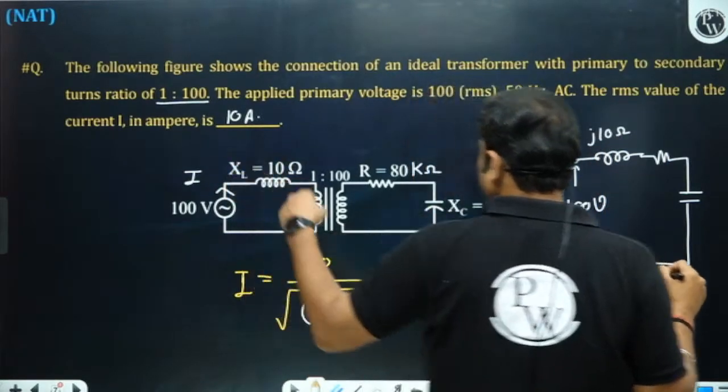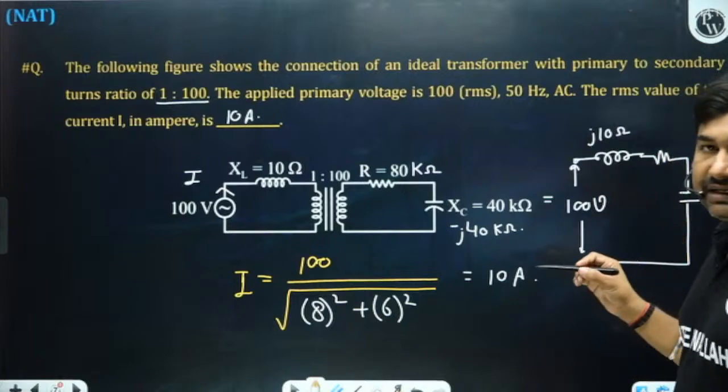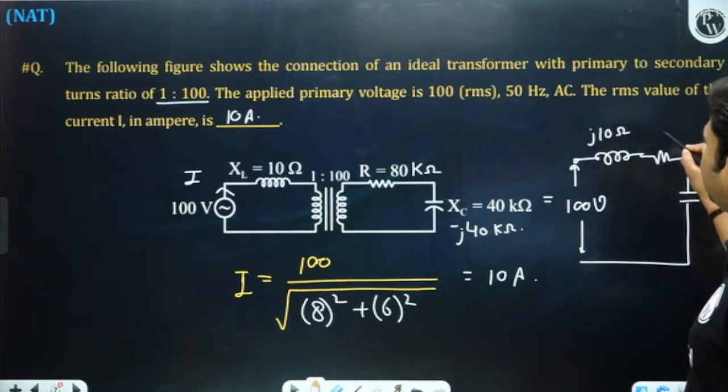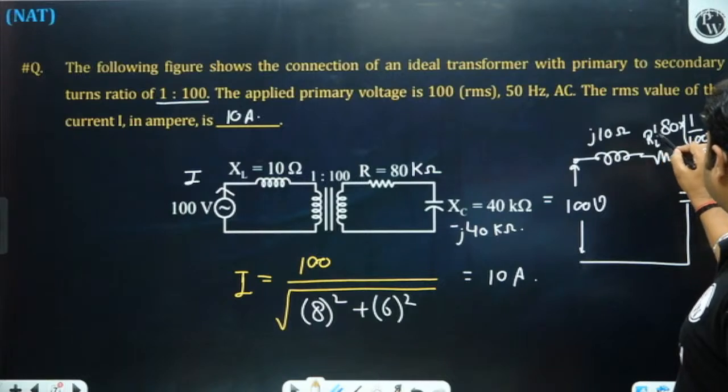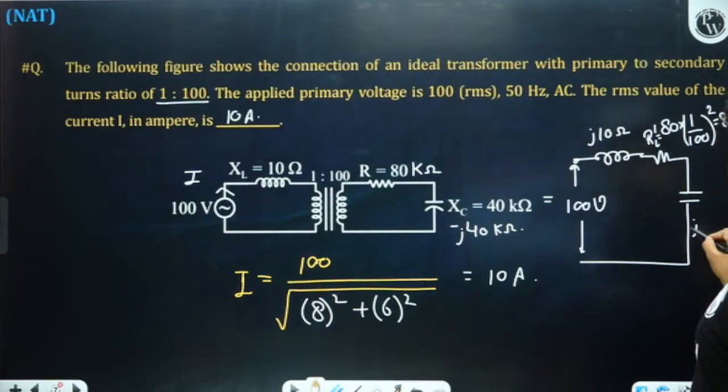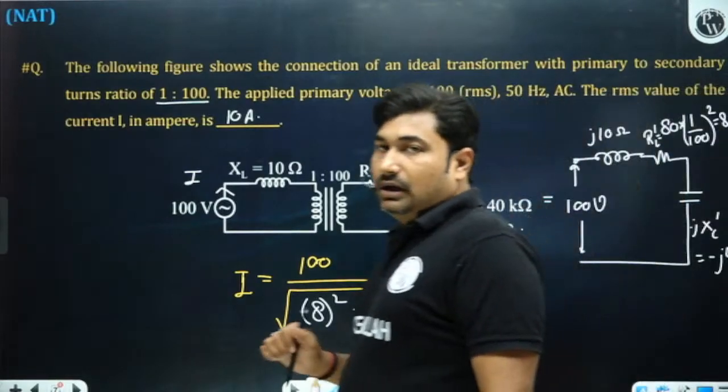Always represent the reactances in terms of J. Capacitive reactances must be represented as a minus of JXC. So this 80 multiplied by 1 upon 100 square, so that is 8 ohm only. RL dash. Similarly, minus of JXC dash will become minus of J4 ohm.